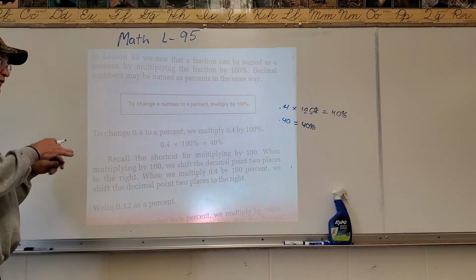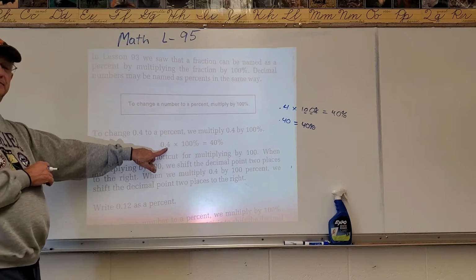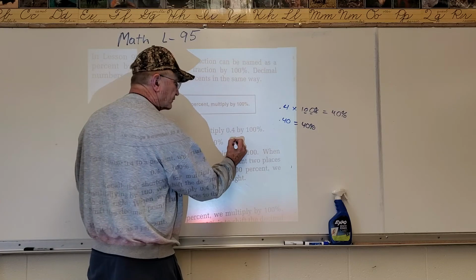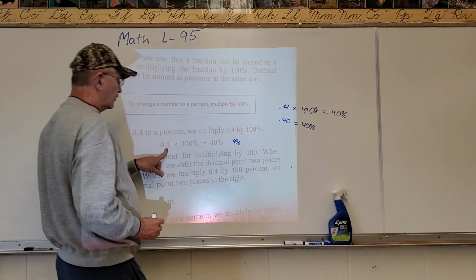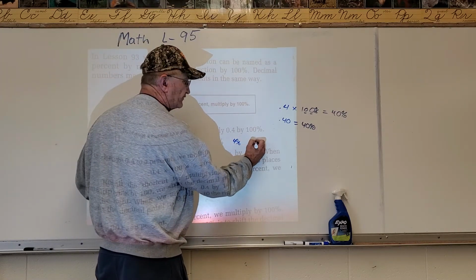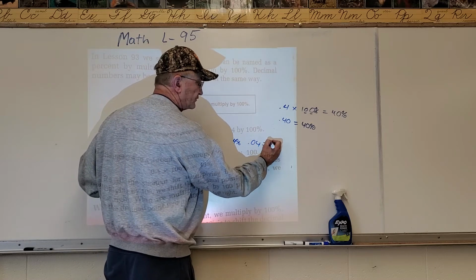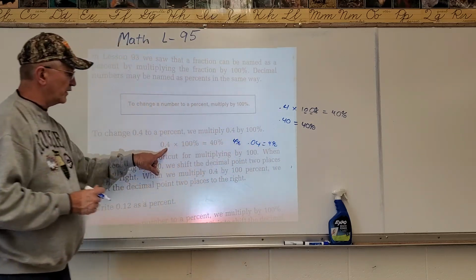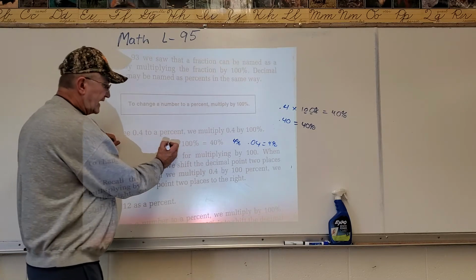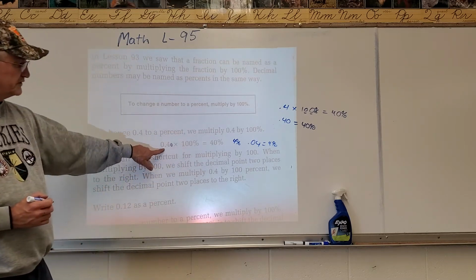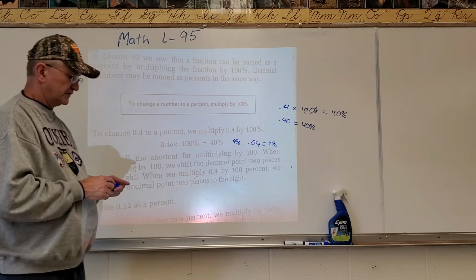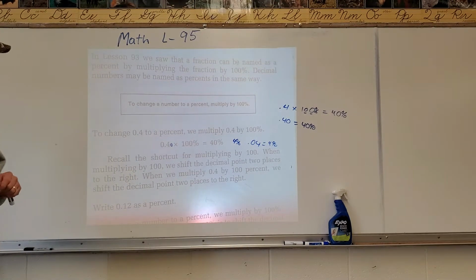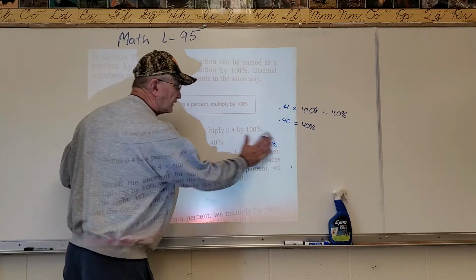This is the only tricky one that can fool you, because a lot of people will say this is 4%. No, 4% is written out as 0.04. So this is not 4%. 0.4 needs my other zero at the end of it, which gives me 40%. That was some of the confusion we had earlier. But let's go ahead and walk through the rest of it.